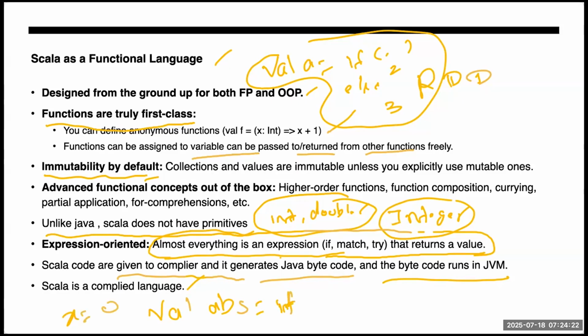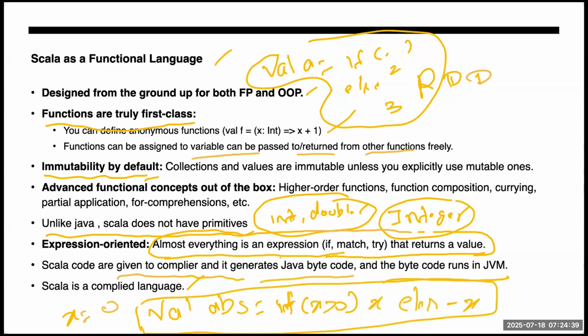You can write if x is greater than 0, then x, else minus x. Let's suppose you wrote this code. Now you are returning the value on the basis of x. What will it return? It will return minus 0, so this program is wrong.